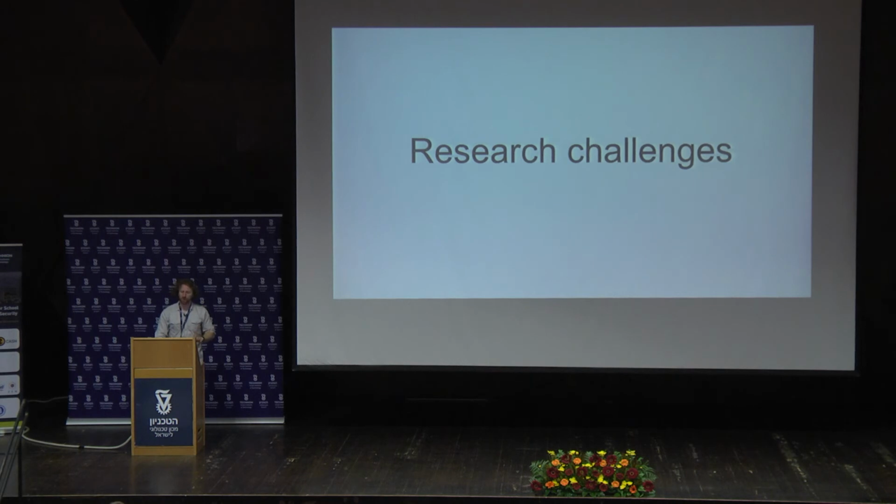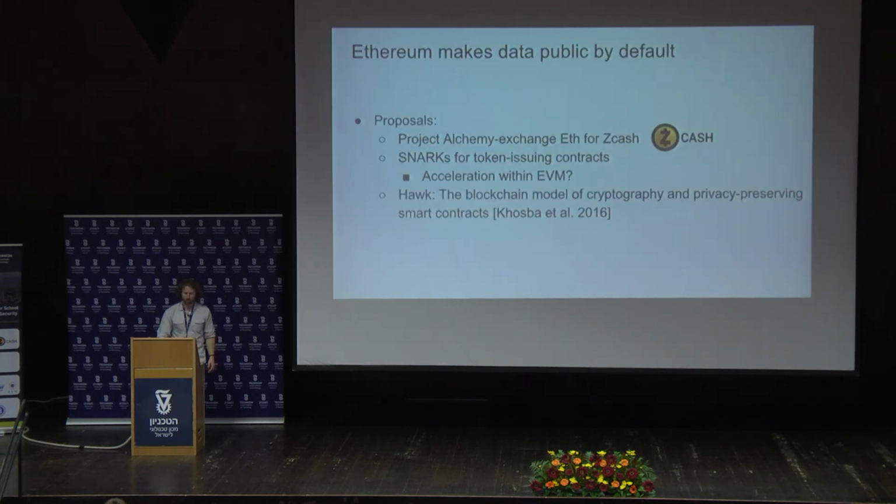OK, so I think I have a minute left, and then I'm supposed to take questions. But I think I'll take 1 or 2 minutes here and just lay out what I think are the most interesting research challenges, some of which will be talked about more. I can go through them pretty fast. But this is basically my attempt to say if you're a student or if you're doing a startup or whatever, these are the problems I think the community wishes we could solve.